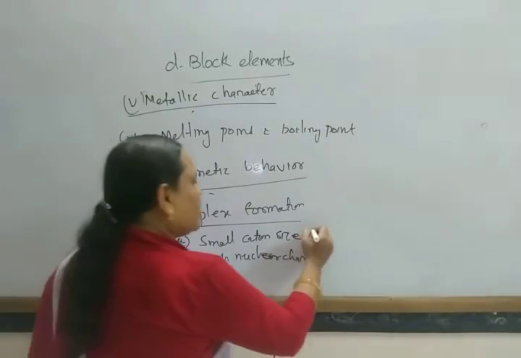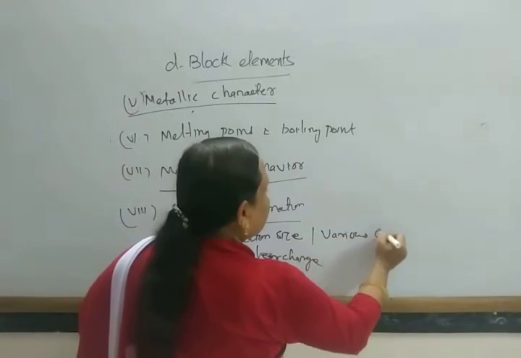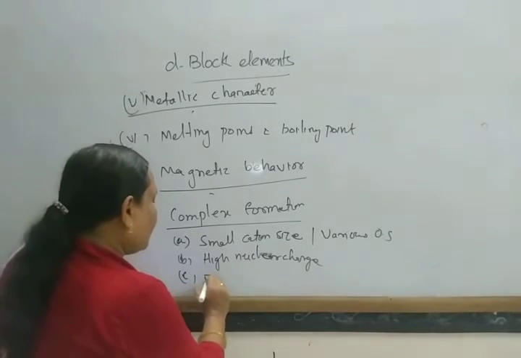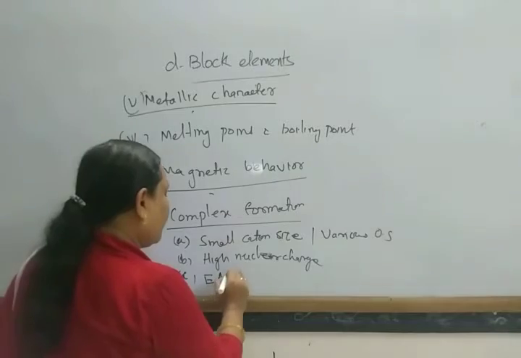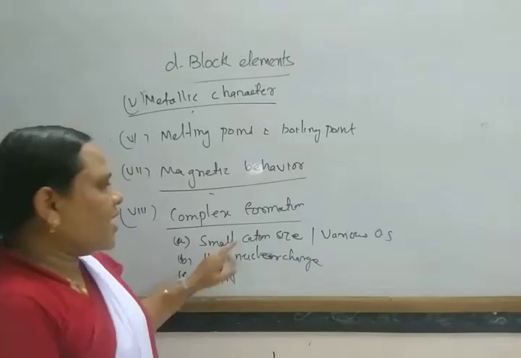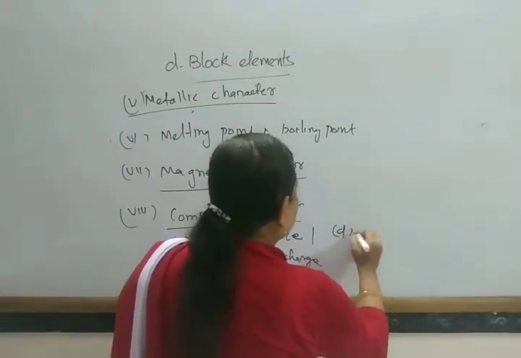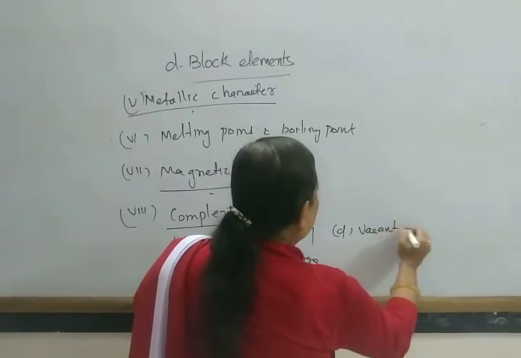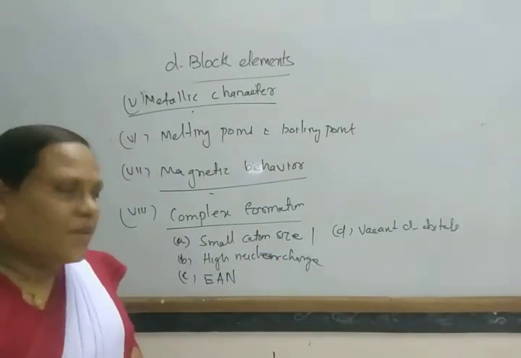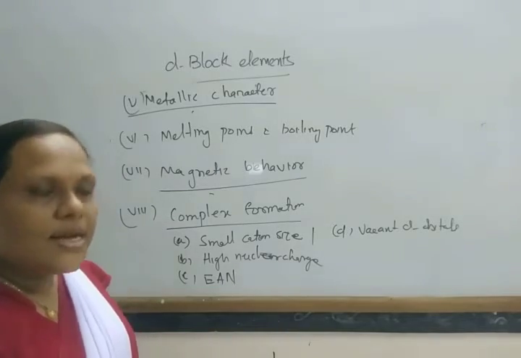Okay, so small cation size, various oxidation states, and the ability to achieve effective atomic number. Due to their small cationic size, high nuclear charge, and vacant d orbitals, these transition elements generally form complexes.